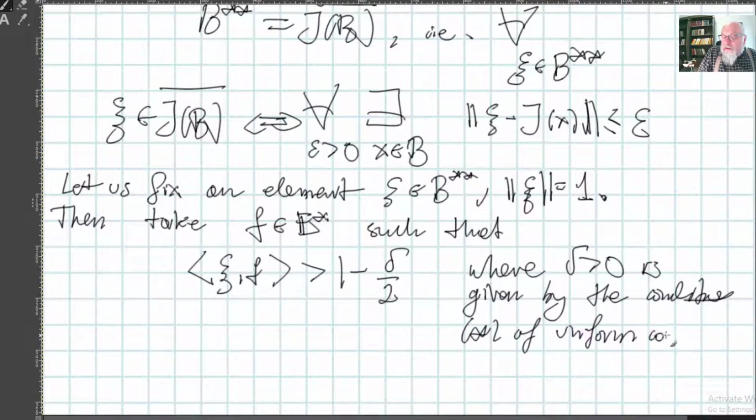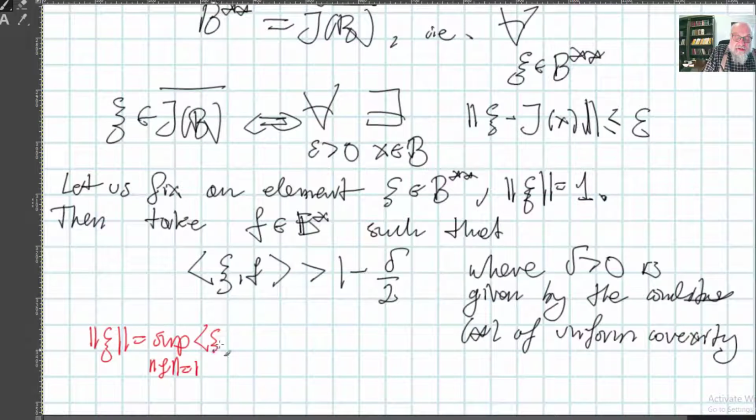But there is no mystery here, because the norm of psi is equal to the supremum over f with norm equal to 1 of psi of f. So by the definition of supremum, you can always find such an element f in the dual space.